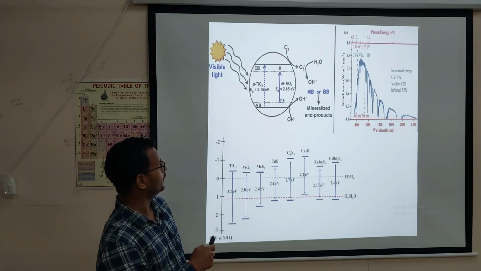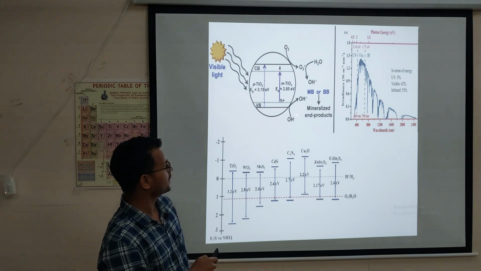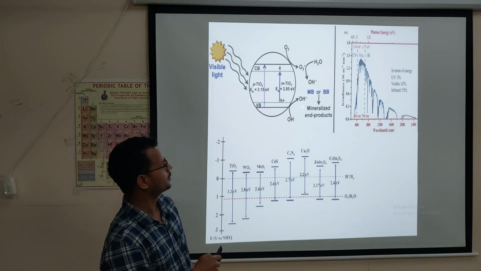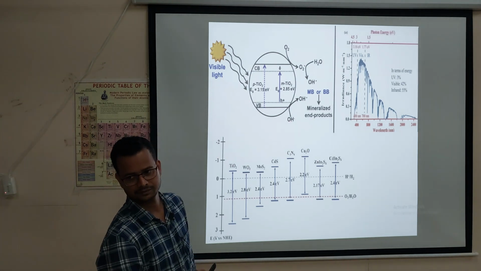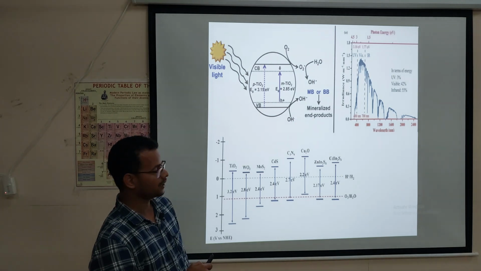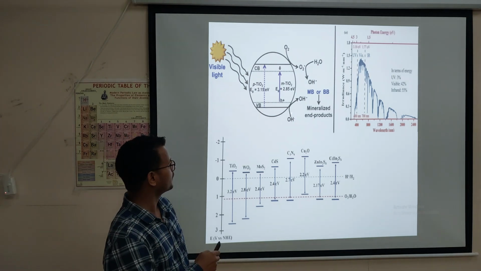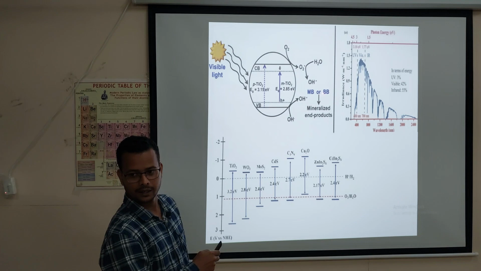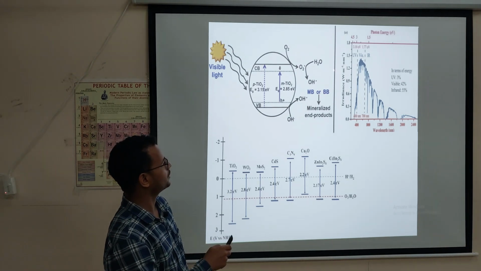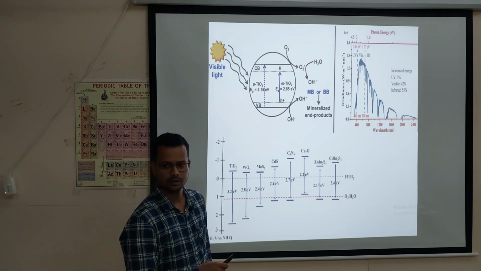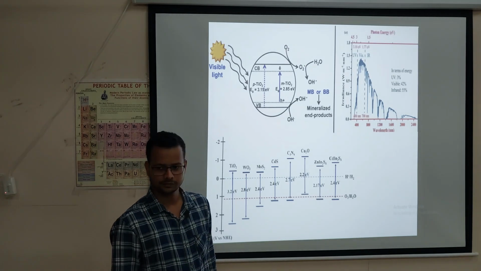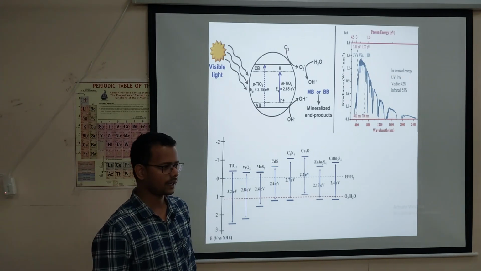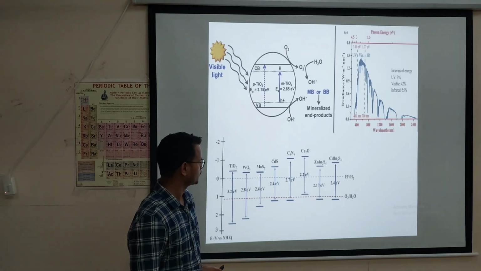If a hole is there, it can convert hydroxide ion OH minus to hydroxide radical, because the hole traps one electron from it. So now it is OH dot. These two are very active species, and they will proceed the reaction. Clear? Or do you have another doubt?